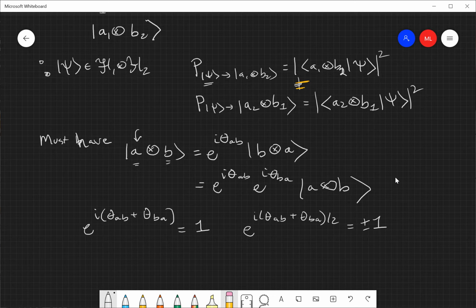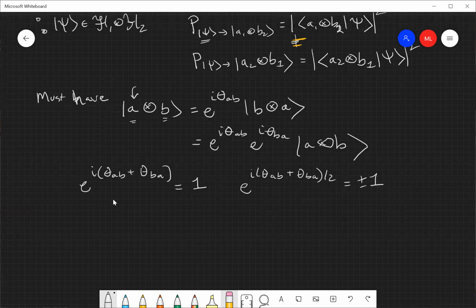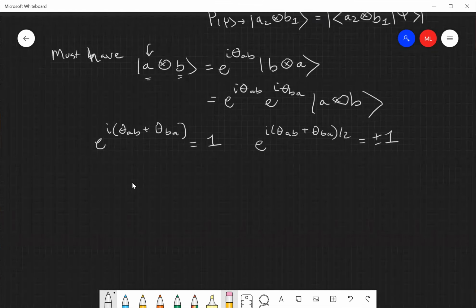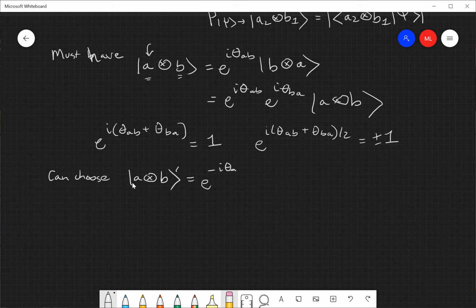And physically, of course, these states are only defined up to a phase. So we can actually choose our identical particle states to be as follows. We're going to define these states, where particle 1 is in state A and particle 2 is in state B, to be proportional to this phase that they could, in principle, pick up under particle exchange.